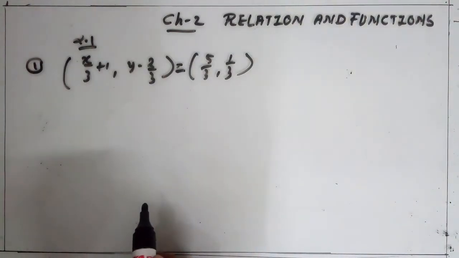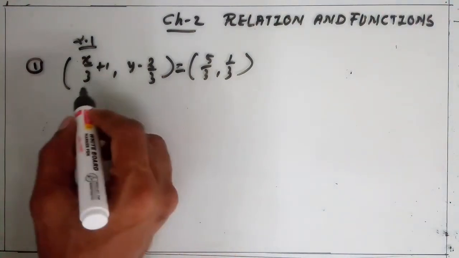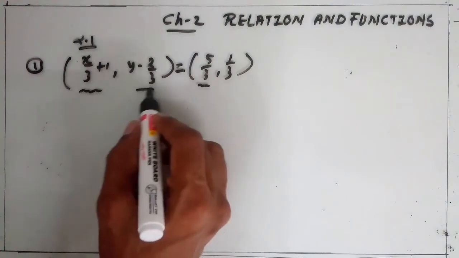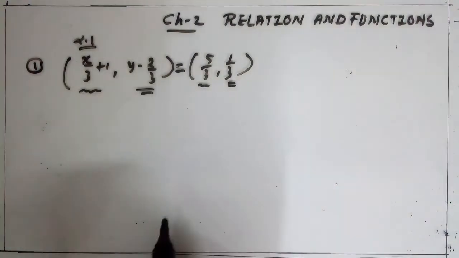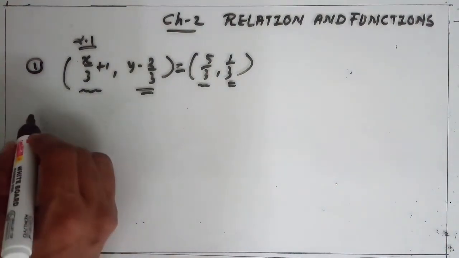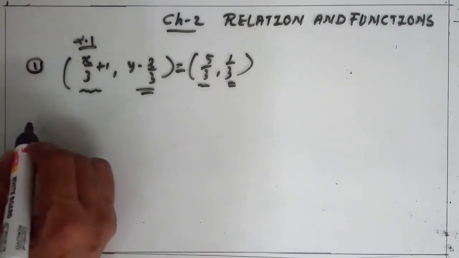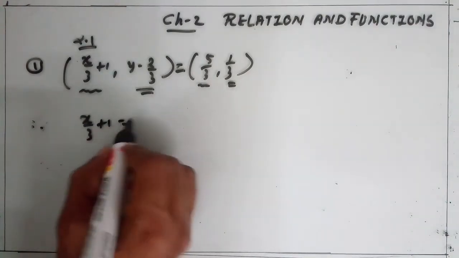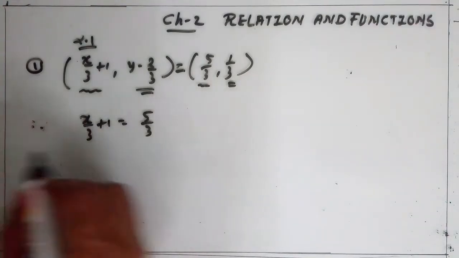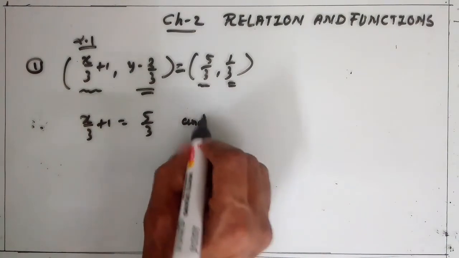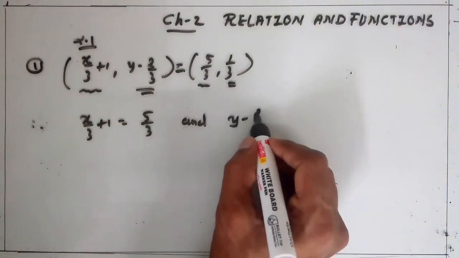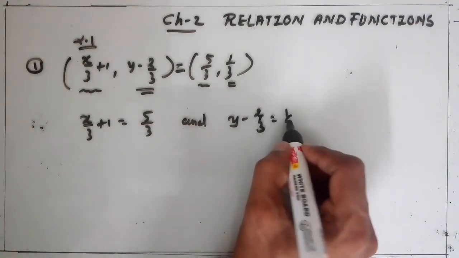We know that if two ordered pairs are equal, then the first component is equal and the second component is equal. Clear? That is, the corresponding entries of both ordered pairs are equal. So here x/3 + 1 is equal to 5/3, and the second entry y - 2/3 is equal to 1/3. Clear?